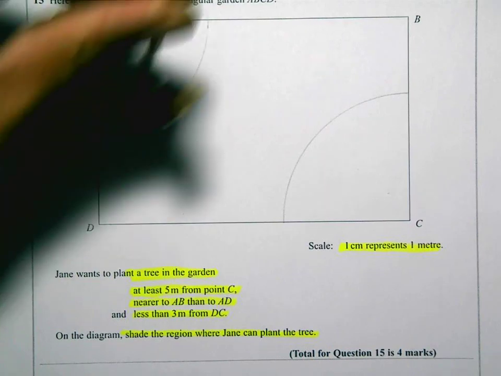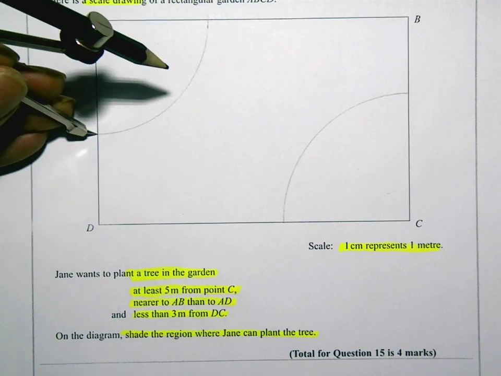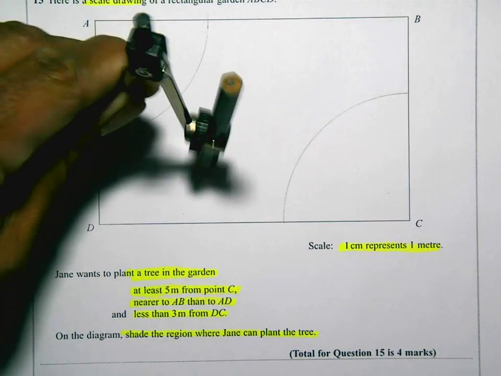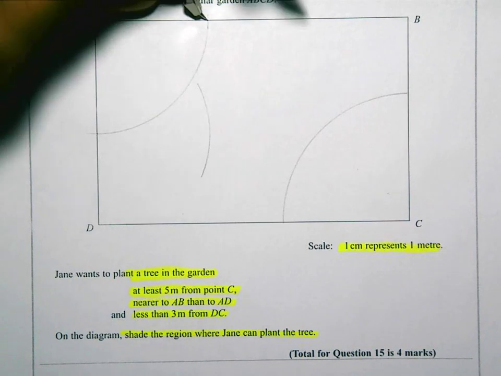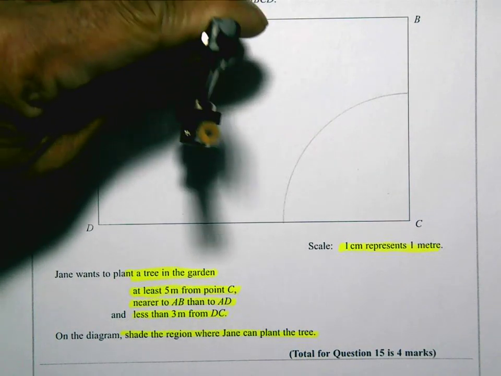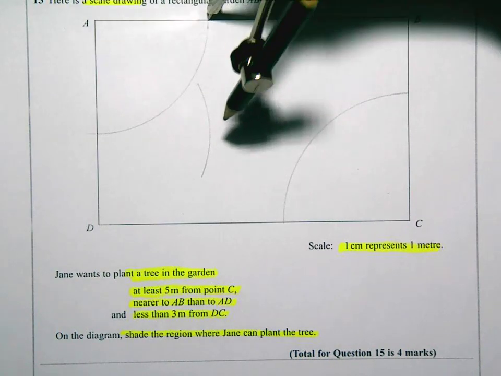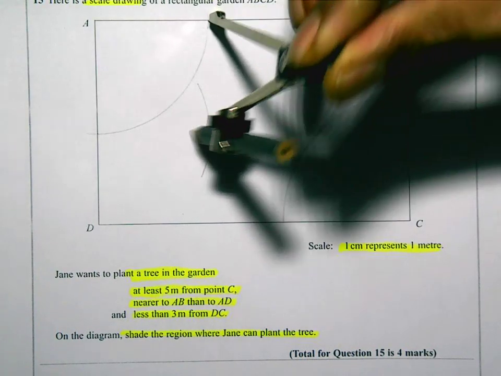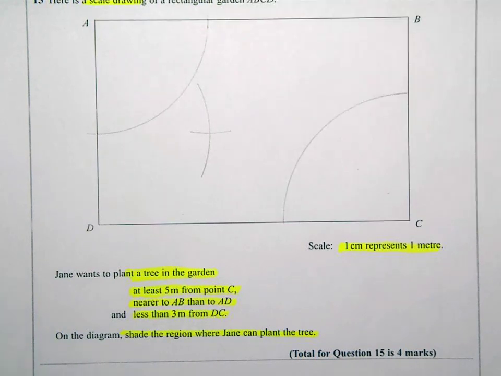So I've drawn an arc there. I've not changed the size of the compass, kept the compass the same. I'm going to draw another arc there, and then go from the other point and draw an arc. Now you can see where those have crossed. Throughout all of that I haven't changed the size of the compass at all.